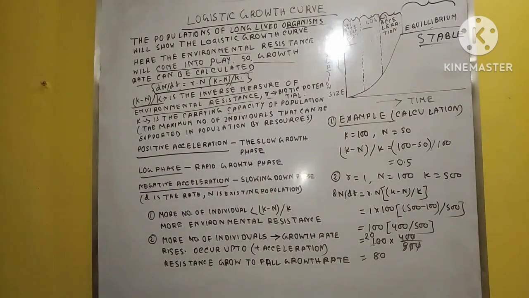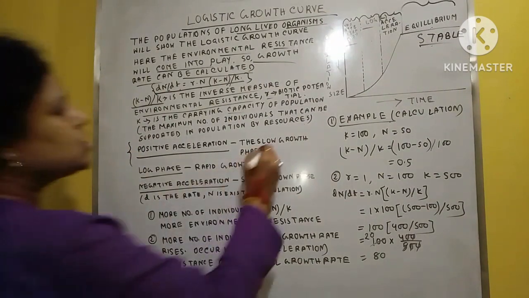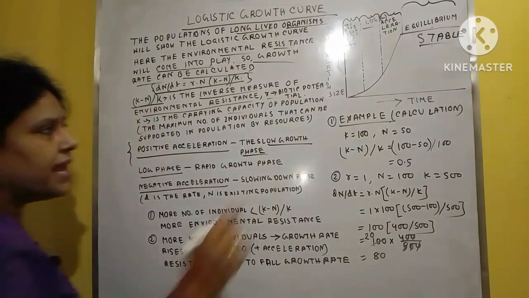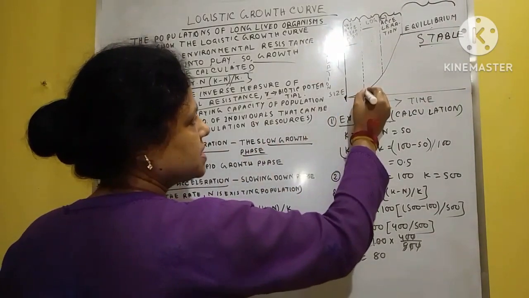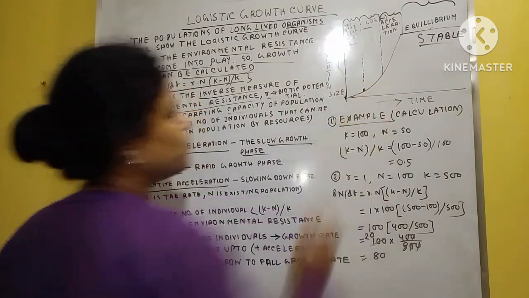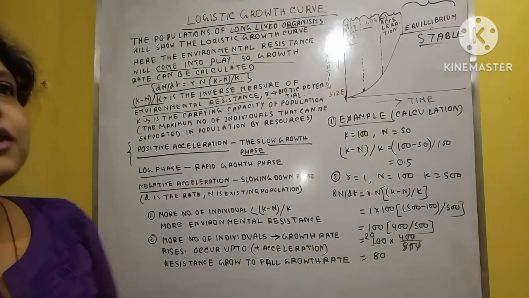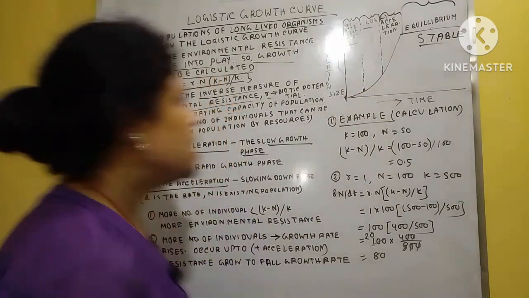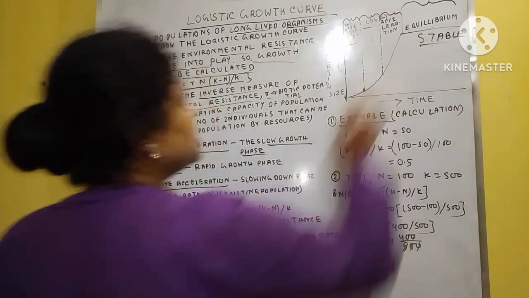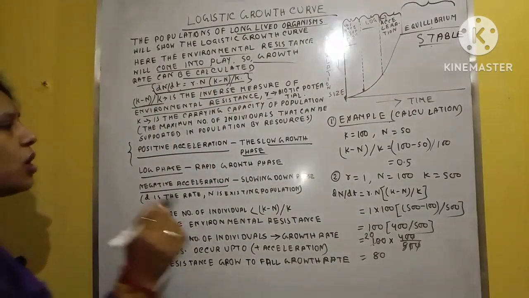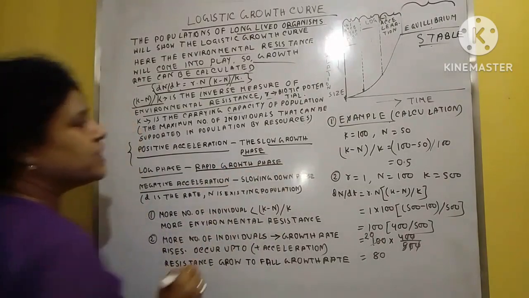Now, what is positive acceleration? Positive acceleration means the slow growth phase. This portion here is the slow growth phase, which means the individuals grow very slowly. From there to this is the log phase, where rapid growth is seen.